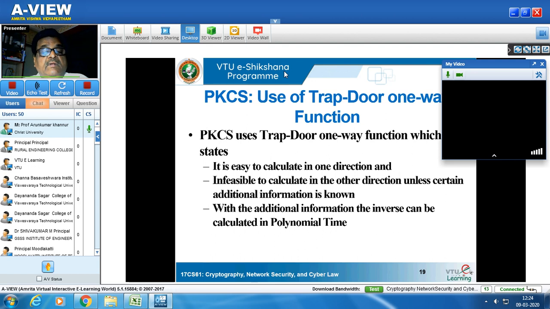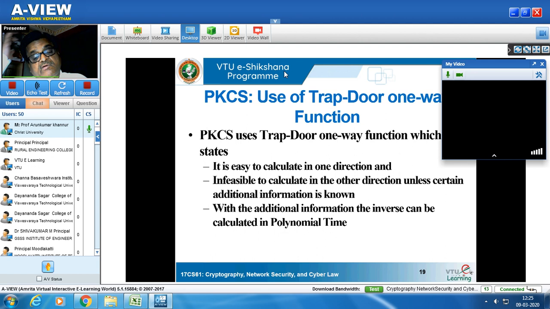If the additional information is known, then the inverse can be calculated in polynomial time. This is called a trapdoor one-way function. If the calculation is easy from the encryption side, then for the decryption side the calculation becomes almost infeasible unless certain additional information is known.